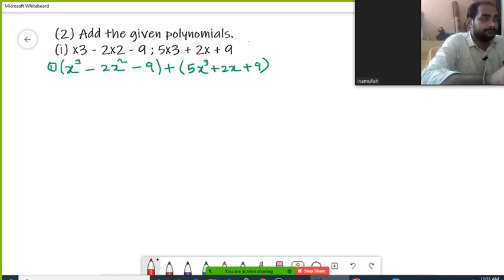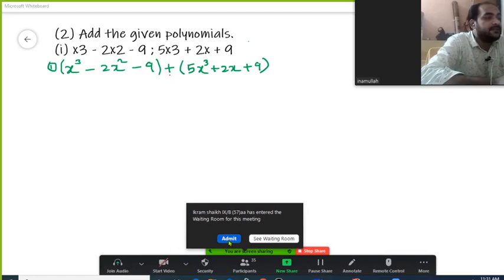Because when you subtract, you will take a minus sign between the two polynomials, and when you open the bracket, all the signs in the second bracket will change. Plus will become minus and minus will become plus, because the sign outside this bracket is going to multiply with each and every term of the second polynomial.